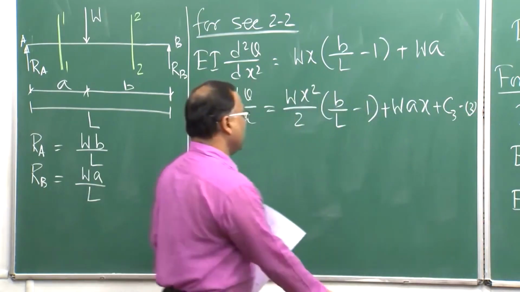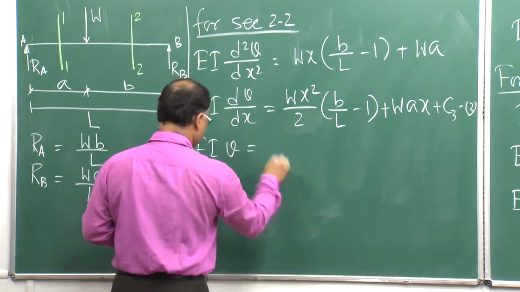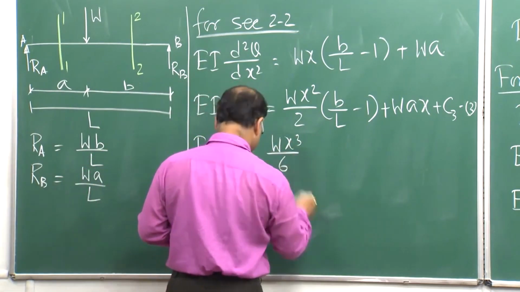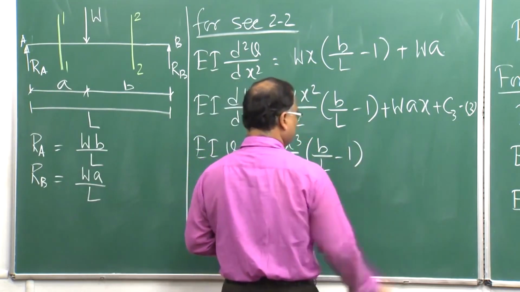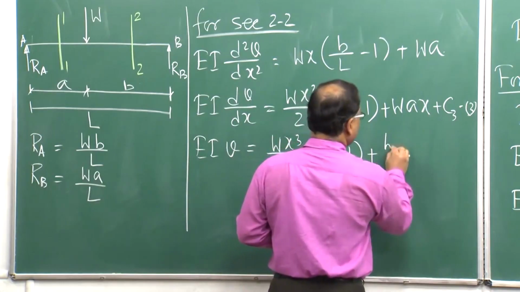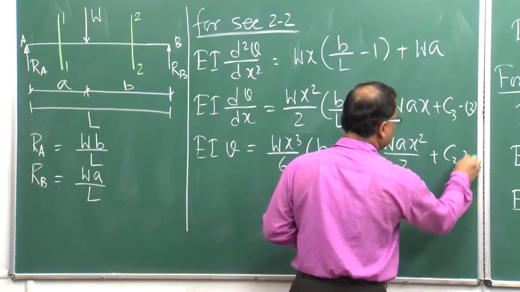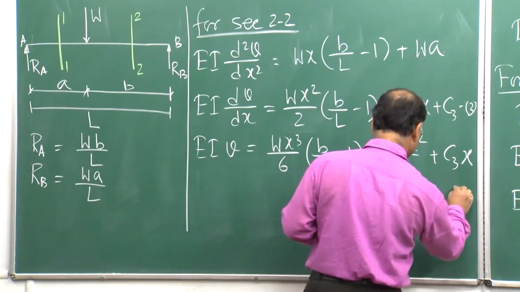Then one more integration will give me EI v equal to W x cube by 6 times b by L minus 1 plus W a x square by 2 plus C3 x plus C4, say equation 4.